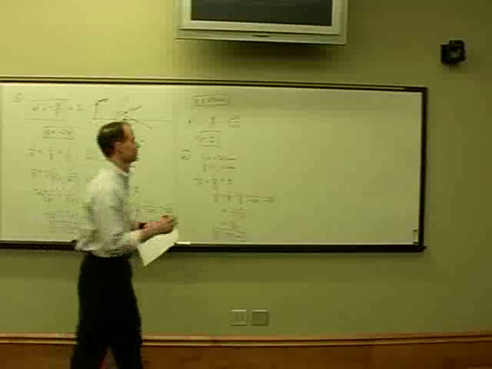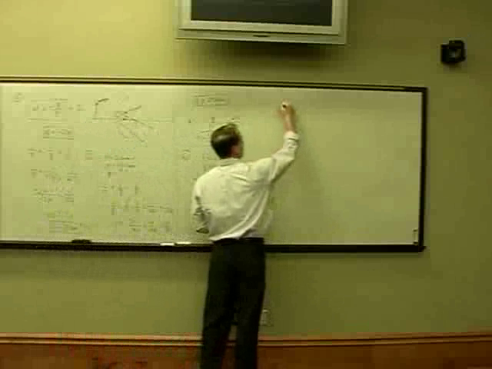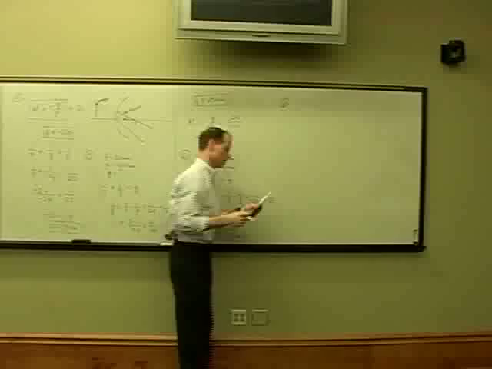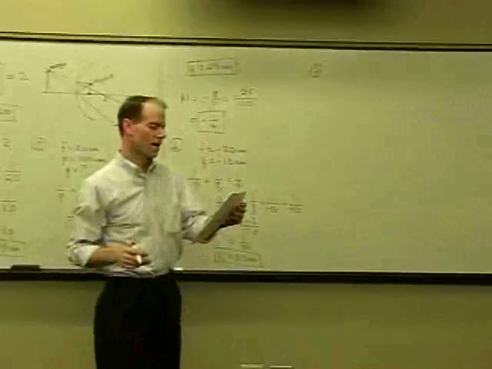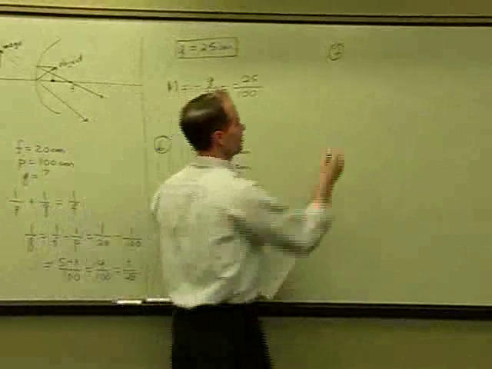Problem number 7. A concave mirror has a focal length of 20 centimeters. What is the magnification if the object and image distances are 20 and minus 20 centimeters respectively? All right, number 7. What was given? We have a concave mirror, focal length of 20 centimeters.